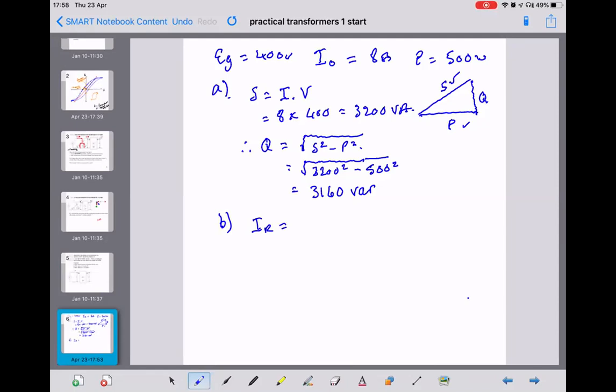Because if you think about the diagram, which we didn't draw, you've got your generator that's got 400 volts, and that's connected directly across that resistor. They're in parallel, so you've got 400 volts across that resistor.